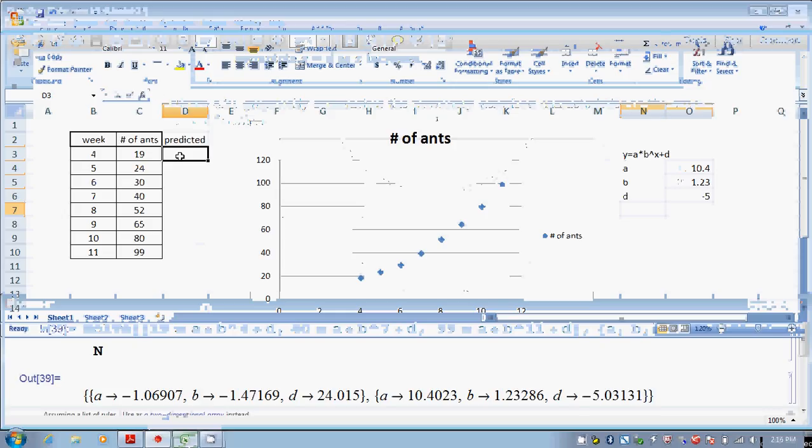And so this predicted value is going to equal my A, and I'm going to lock that in, times my B value, and I'm going to lock that in, raised to the xth power, and then plus D. I'm going to lock that in.